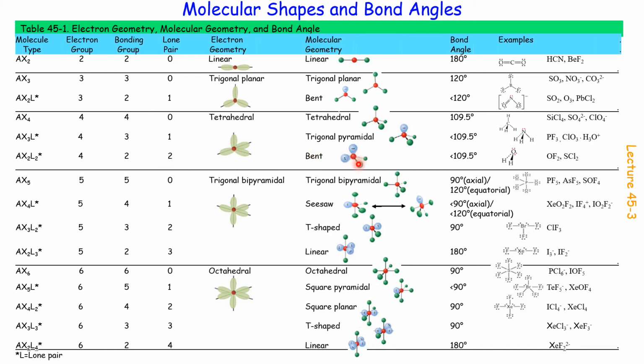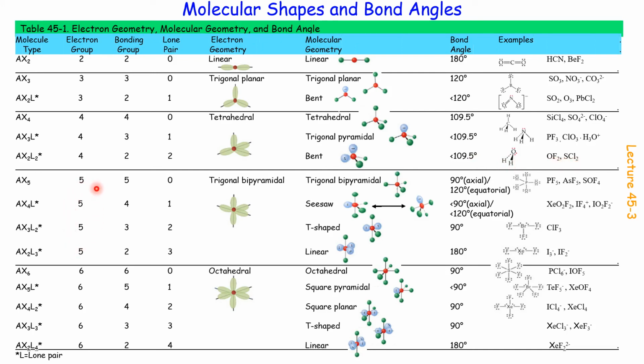But now, instead of having 4 surrounding atoms, there are only 2 surrounding atoms. The other 2 are occupied by lone pairs. So therefore, this is a bent structure. And the bond angle is less than 109.5 degrees. Water has a bent molecular geometry, and those are the other examples here.